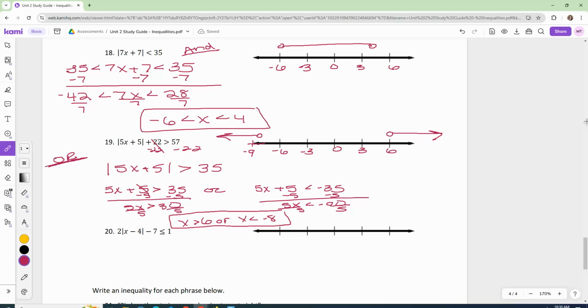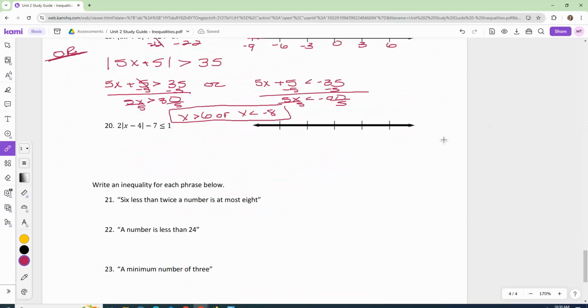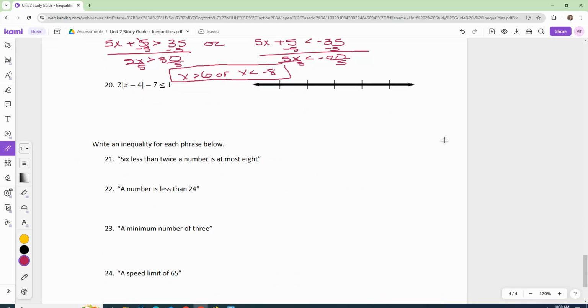All right. Problem 20. So it's another absolute value. Just like the previous ones, we have numbers outside the absolute value, so we have to get it by itself first. Bailey, can you tell me what I do first? Plus 7. Okay.